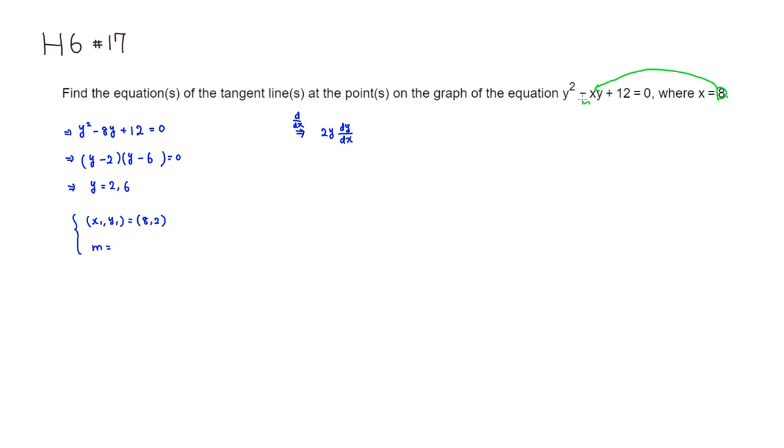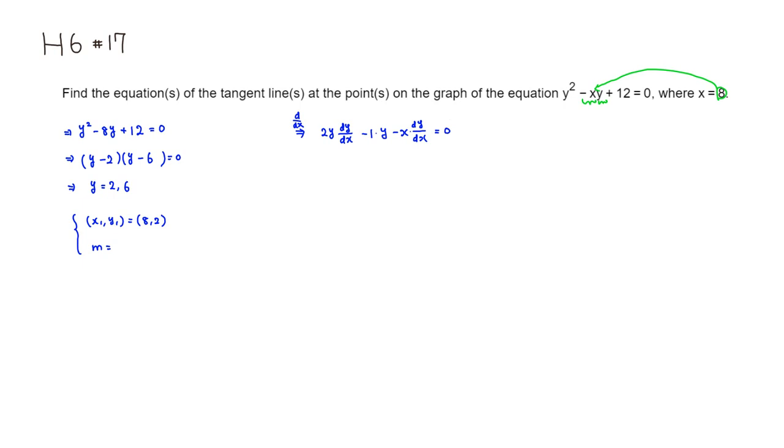So I'll take the first to be negative x and the second to be y. By the product rule, the derivative of the first is negative 1 times the second, y. And the first, negative x, times the derivative of the second, which is dy over dx. The derivative of 12 is 0, the derivative of 0 is 0, so this is equal to 0.